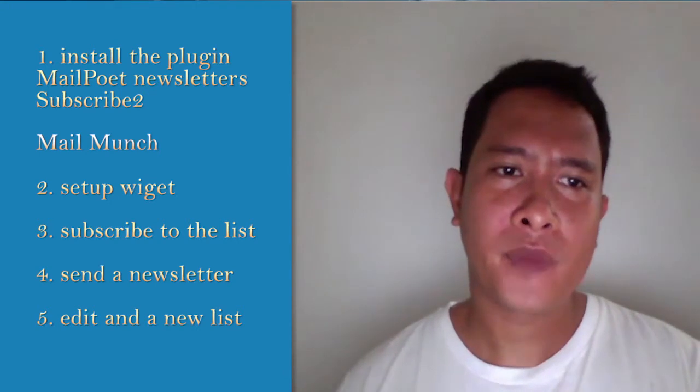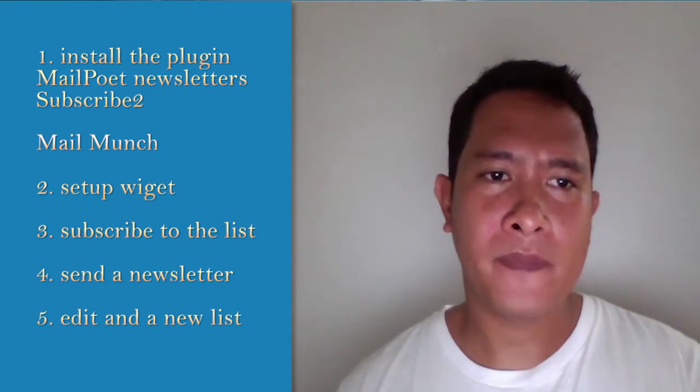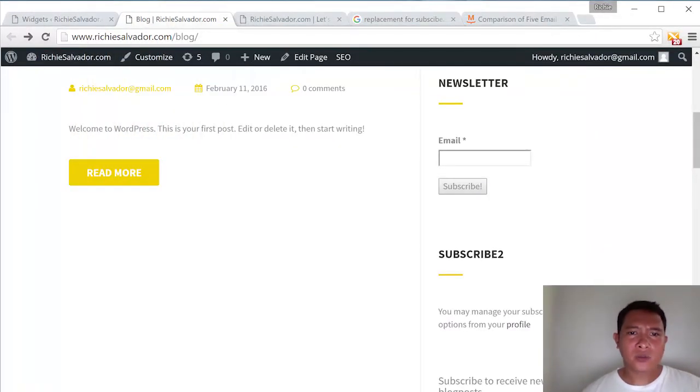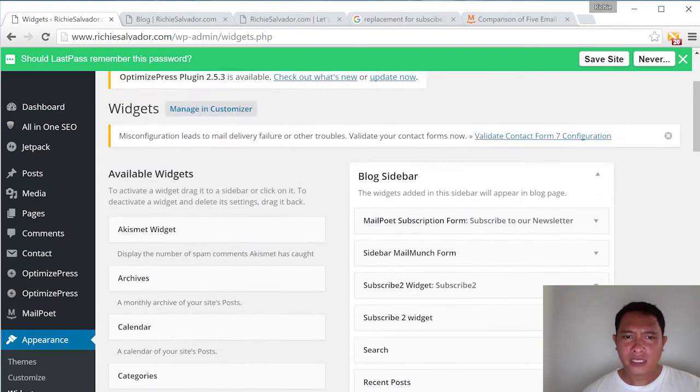So right now I am going to show you the difference between these two, and we will go ahead and set up our list. Let's go back here, and I'm going to remove this subscribe to widget because it's not working.